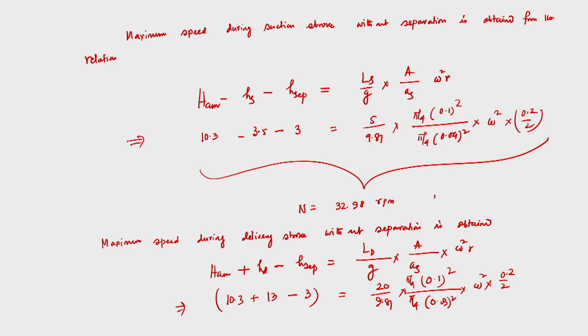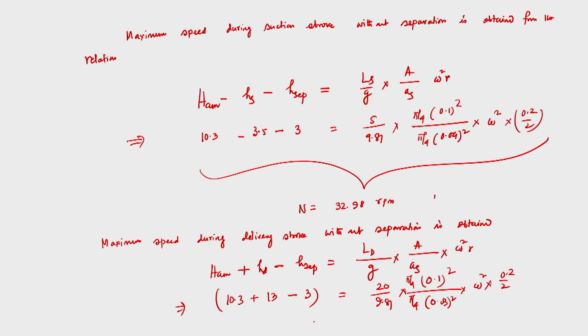So Hs and Hd we know from the schematic that I have drawn. Hs is the static height, then Had is the effect of the inertial head, because of the head due to the inertial pressure, and then the frictional head.